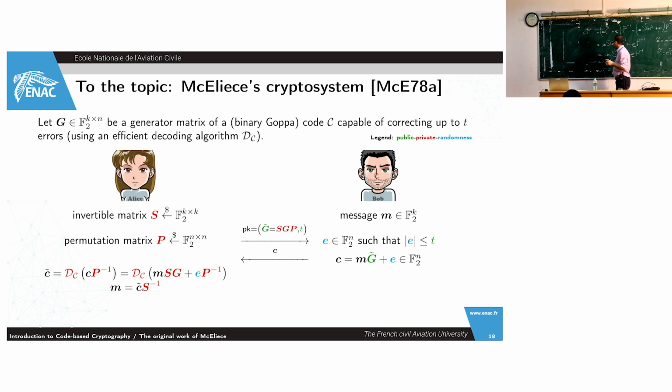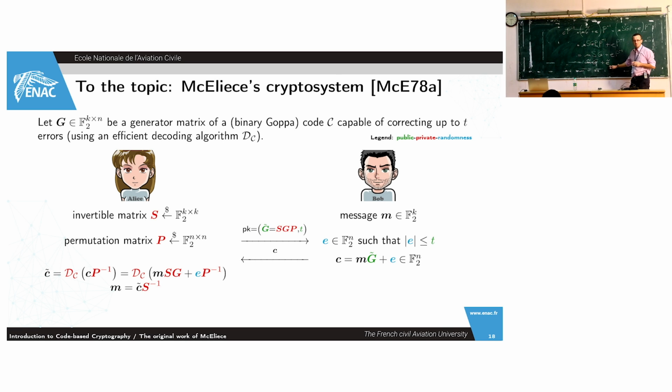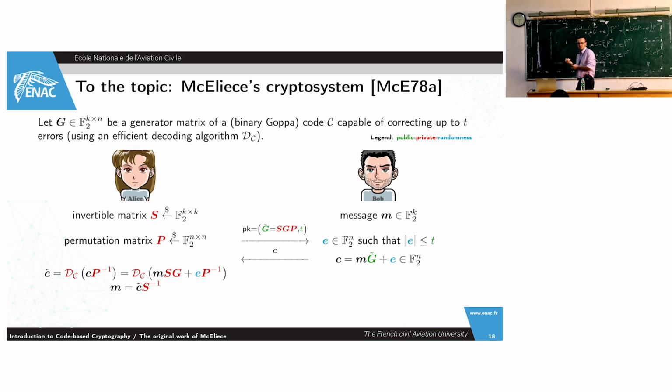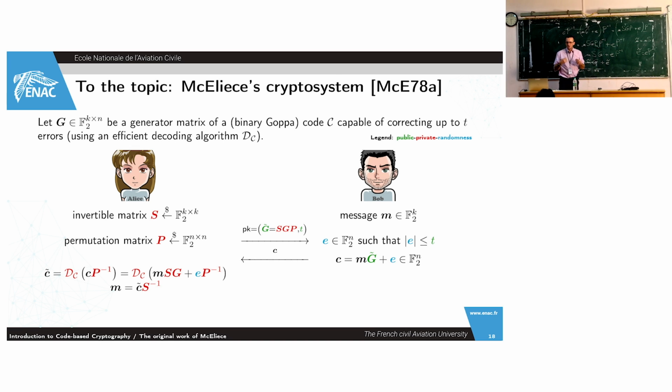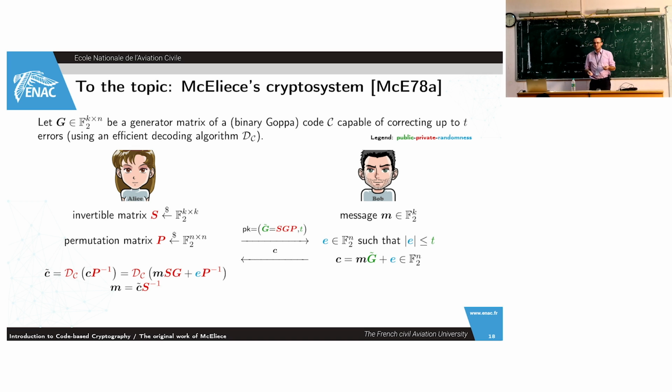You're perfectly right. E tilde is E P minus 1. P is a permutation, so P is invertible, and its inverse is also a permutation, right? And the Hamming weight is defined as the number of non-zero coordinates in some vector.